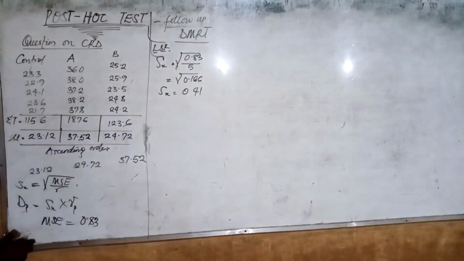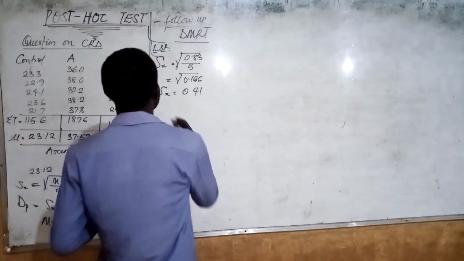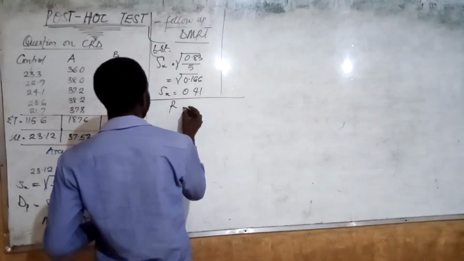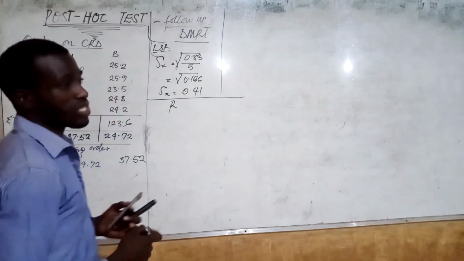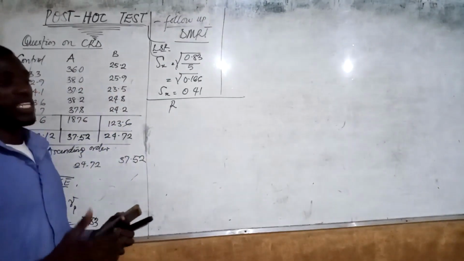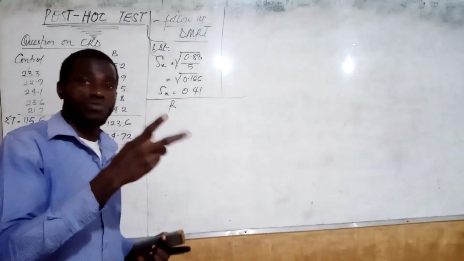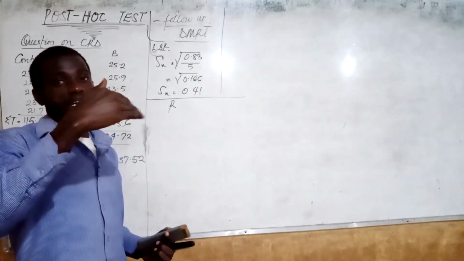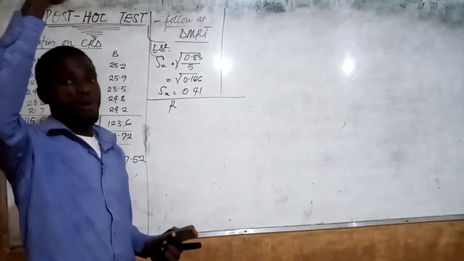Now, the next thing to do is to generate our DP value. In order to generate our DP value, we are going to rank again. The ranking is going to start from two levels, then graduate to 3 levels, 4 levels, and above.